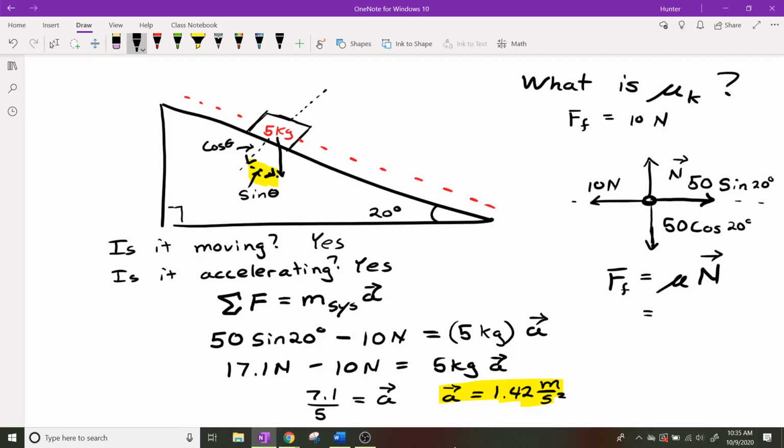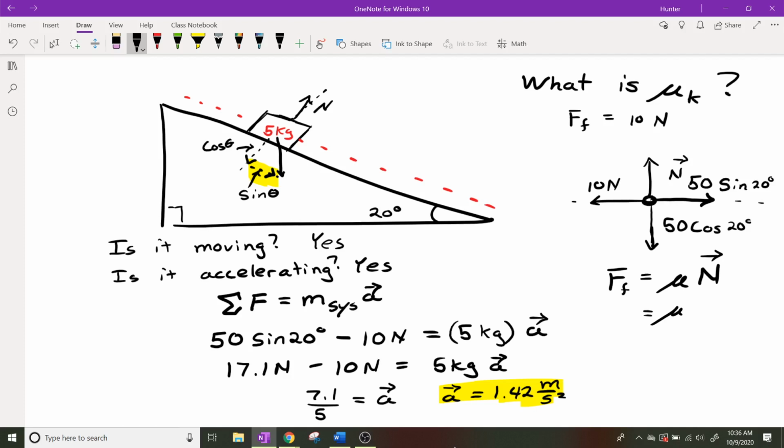The normal force is this force going up this direction, right? And we already know that it's 90 degrees to our line of action. So that is, what is it again? 50 cosine 20 is 46.98, right?